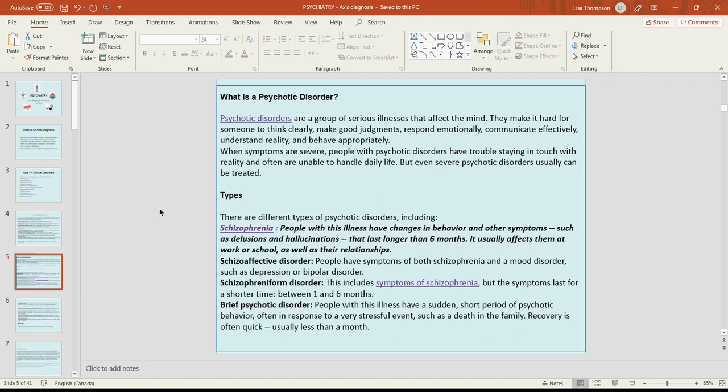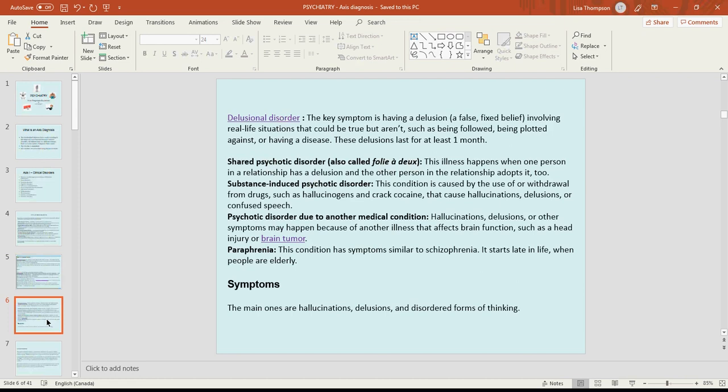Brief psychotic disorder. People with this illness have a sudden short period of psychotic behavior, often in response to a very stressful event, such as a death in the family. Recovery is often quick, usually less than a month. Delusional disorder.